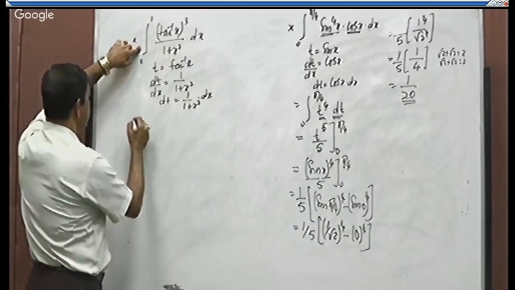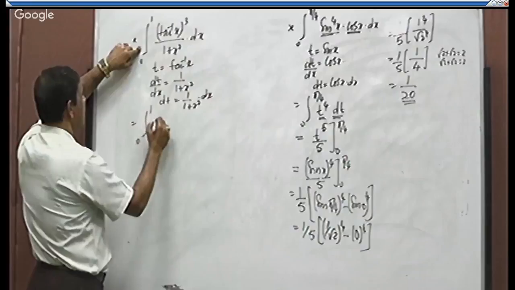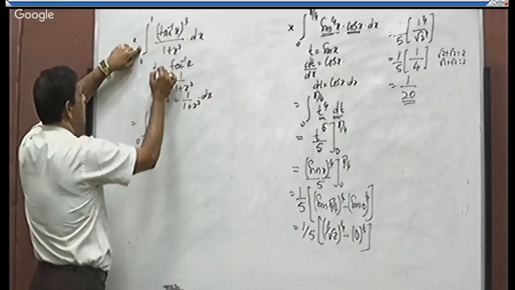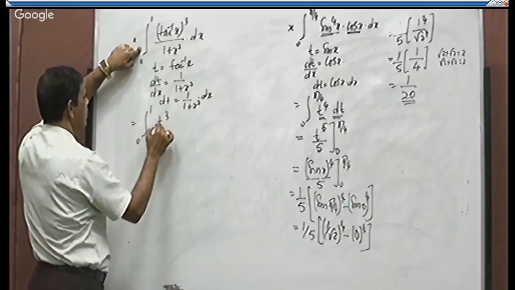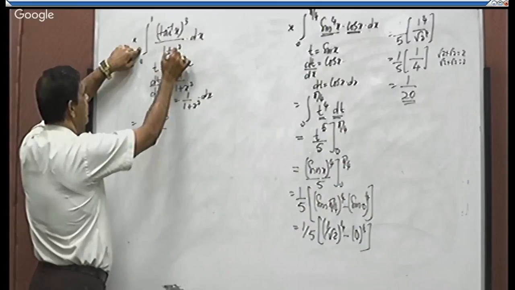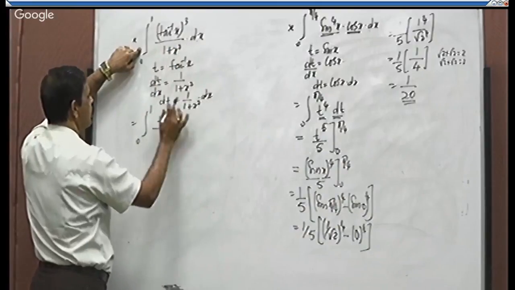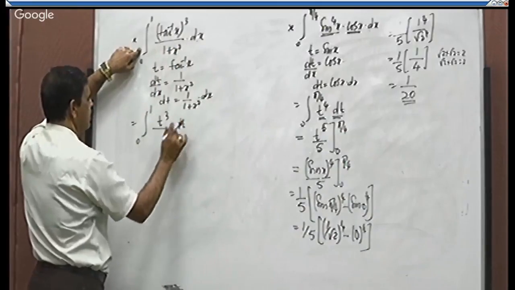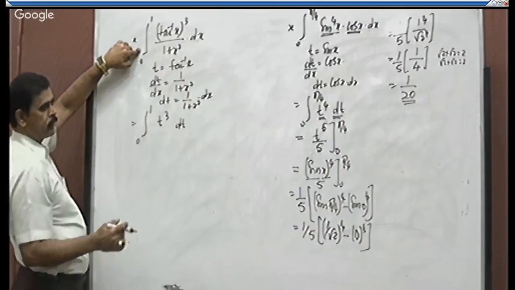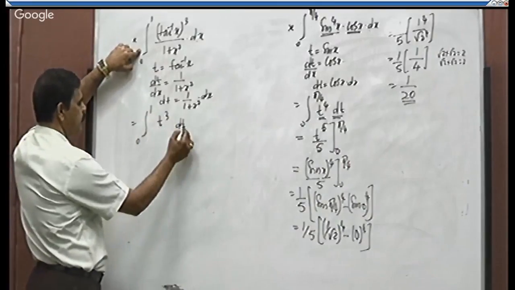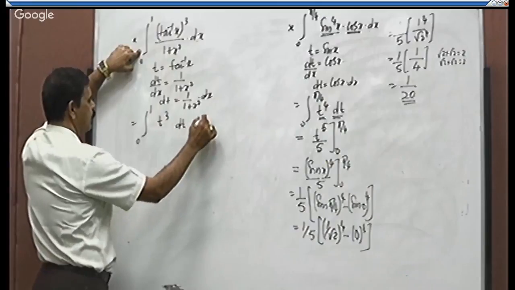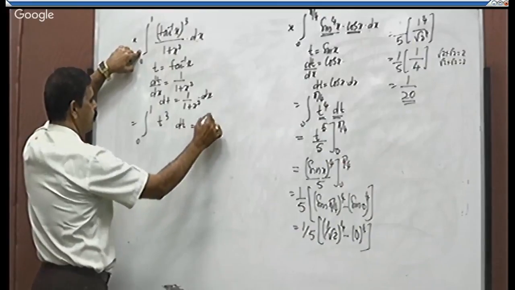Replace this. 0 to 1. What is tan inverse x? It is t. So t cube, and 1 by 1 plus x square into dx will be taken as dt. No denominator. Integration of t cube with respect to dt is what? t to the power of 4 by 4.